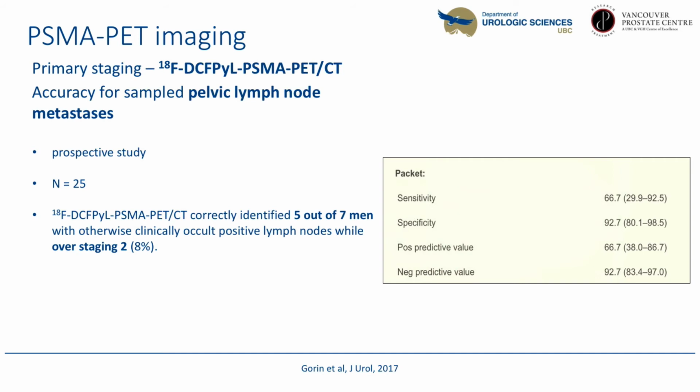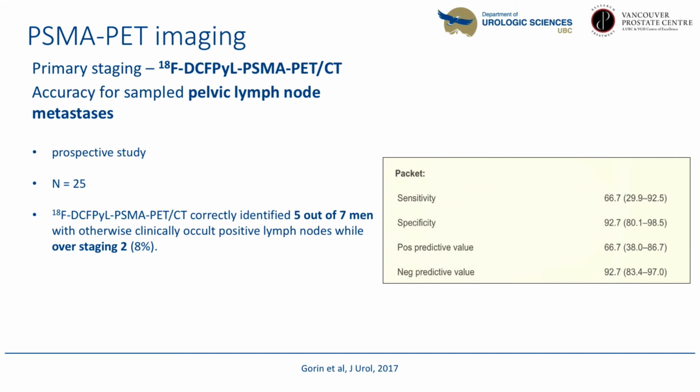However, we do have to be a little bit careful with that because we do not know: was the PET wrong? Did the surgeon not find the lymph nodes? Or did the pathologist not find the metastasis? That's actually what we have to ask ourselves. Nevertheless, for these few patients, they found a sensitivity of 67% per lymph node package, and you'll have to see what the future brings.